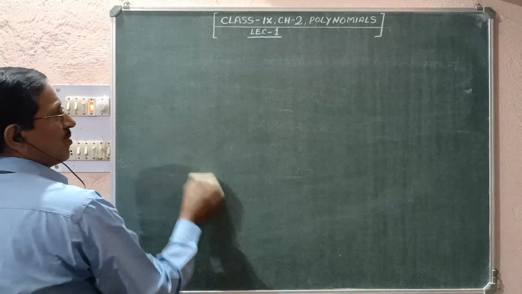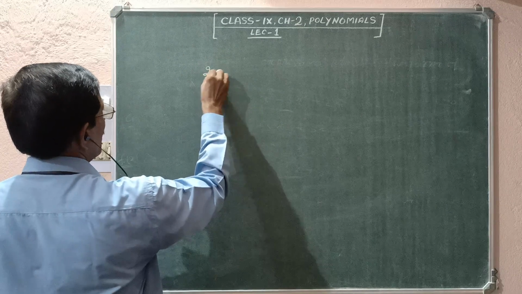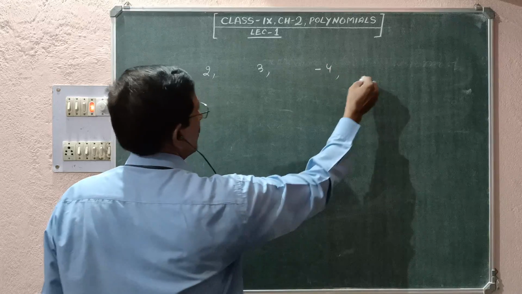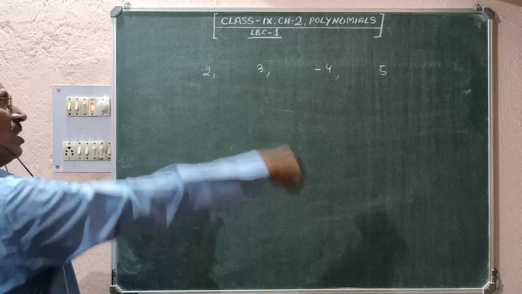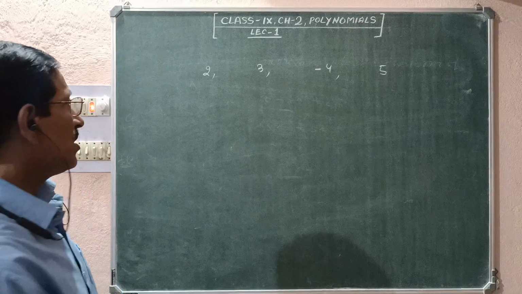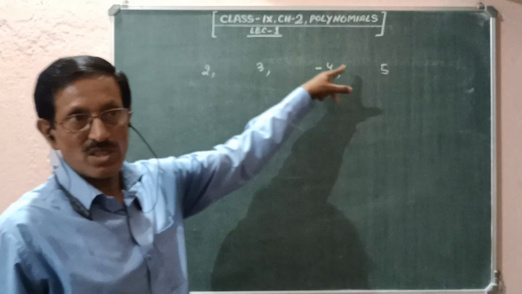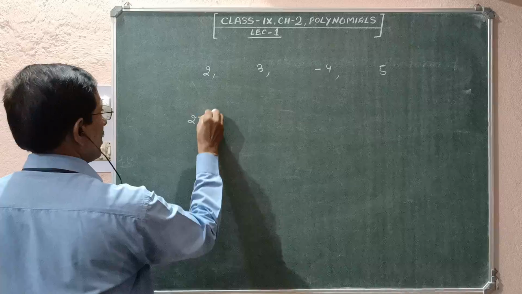We take one more type of polynomial. Suppose this is 2, this is 3, minus 4, 5, like this. These all are non-zero numbers, non-zero integers. It may be written as 2x to the power 0.